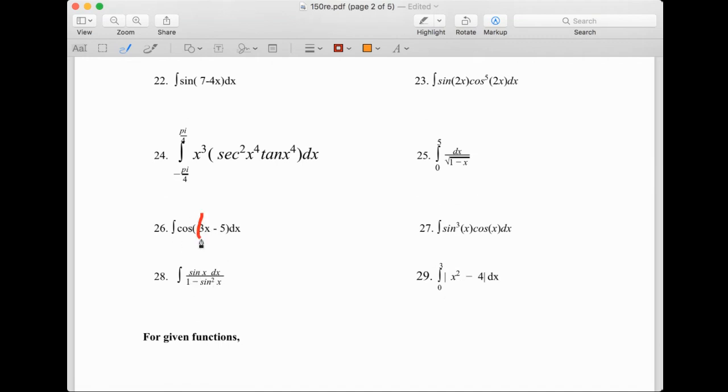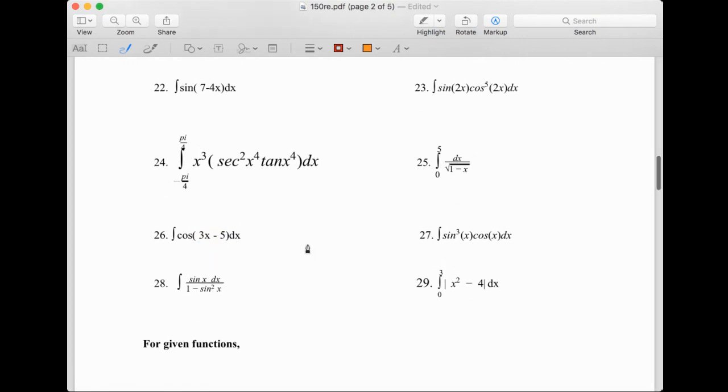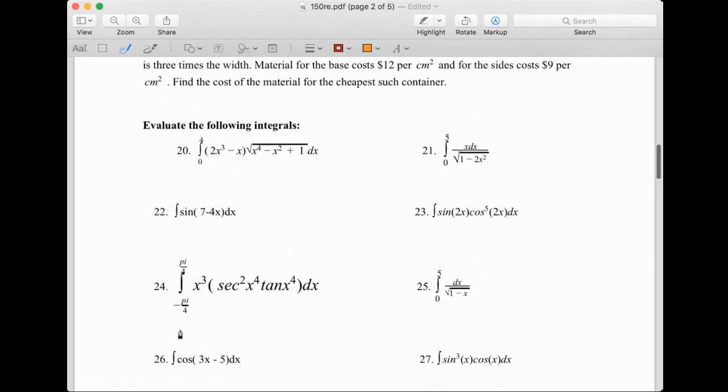You may want to switch this angle, change this angle to be some other expression. When the lower limit and the upper limit are the same but opposite, we have another strategy to use. We want to figure out if the integrand is an even function or odd function. If it's an even function, we get one solution. If it's an odd function, we get another solution.